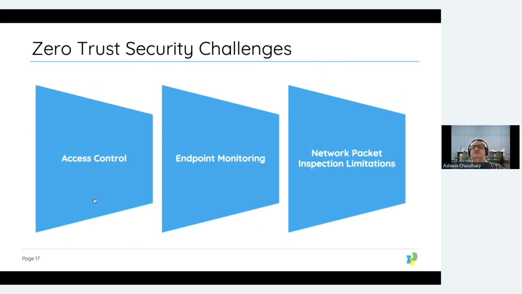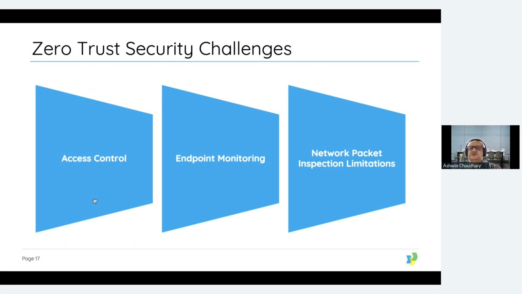It's a thought process. It is not a framework, right? It is a risk management approach that you need to take and incorporate in your people processes and technology processes, to make sure that you adopt this as part of your entire enterprise security architecture.